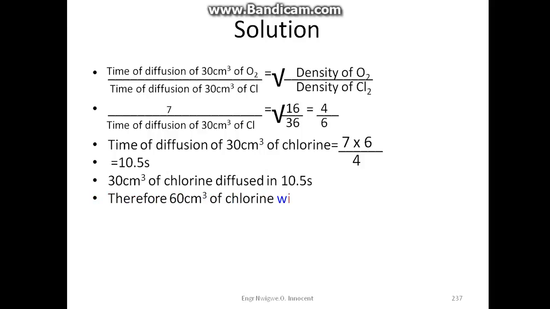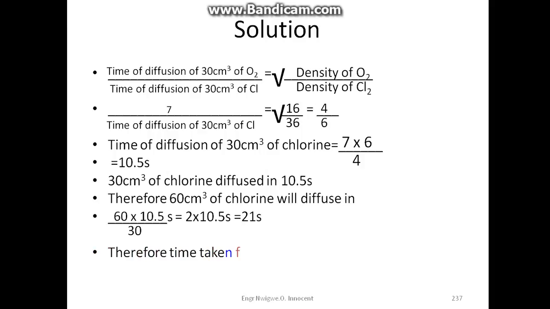Therefore, 60 cm³ of chlorine will diffuse in 60 times 10.5 divided by 30, which is equal to 2 times 10.5, which gives us 21 seconds. Therefore, the time taken for 60 cm³ of chlorine to diffuse is 21 seconds.